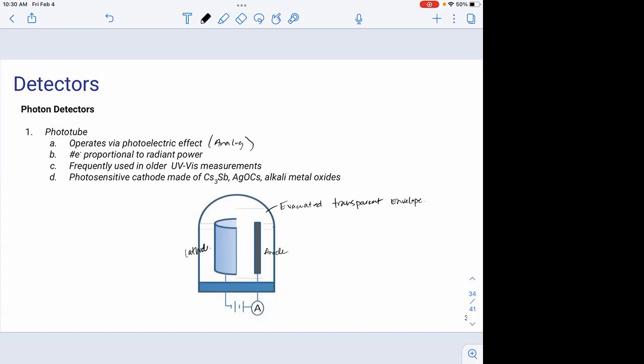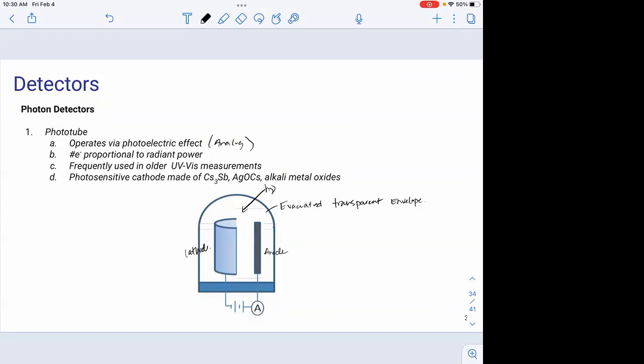What's actually happening here is you have incident radiation. Your photon is coming. Oh, no, not that direction. What am I doing? You have incident radiation. Remember, the idea of a detector is that you're going to take it from a non-electrical domain to an electrical domain.